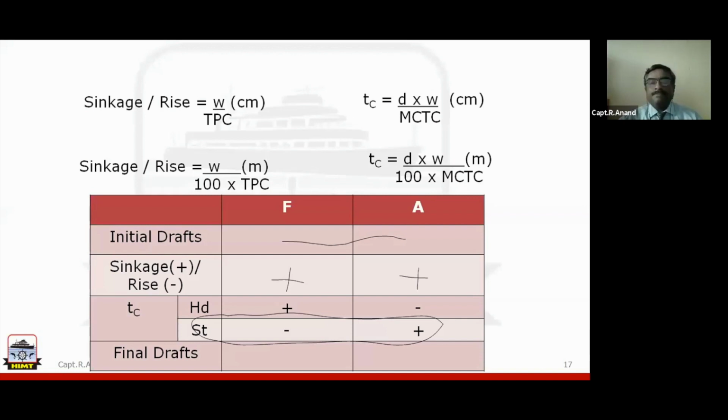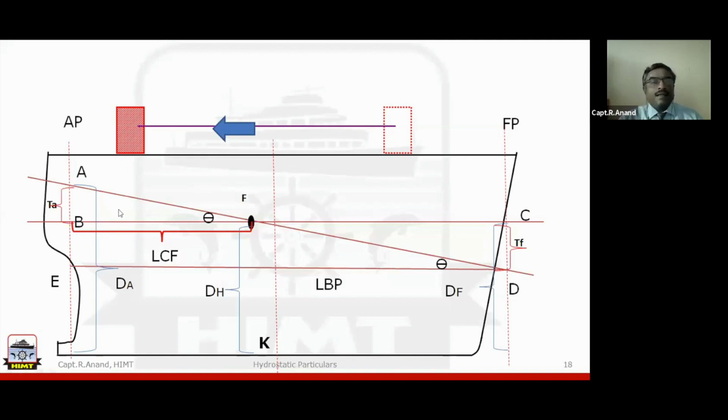Excuse me, sir. Can you please explain TA, trim by aft, sir? For that, remember what we did in that session on hydrostatic draft? We got this formula for TA as trim into LCF by LBP. Probably, I think those videos are available on YouTube. You can go through them again. So we had derived a formula for this.